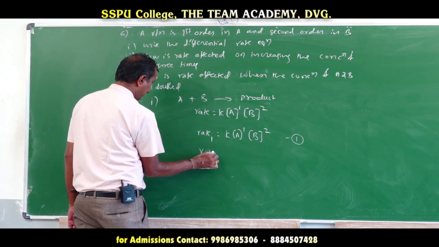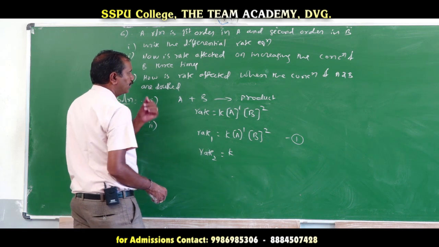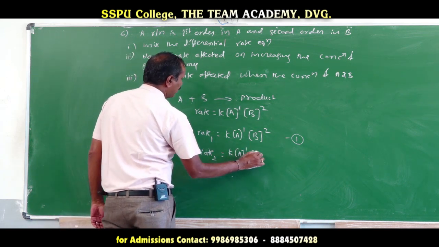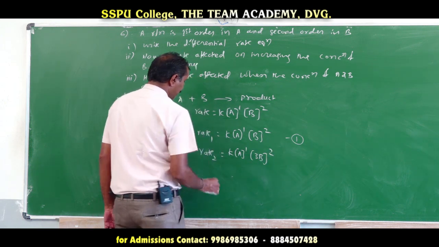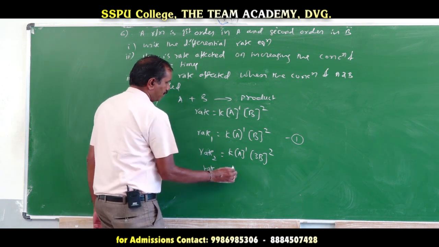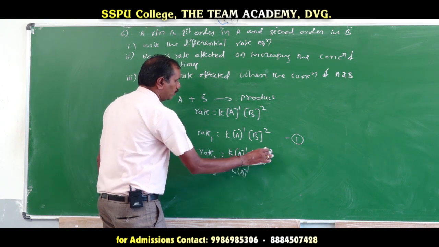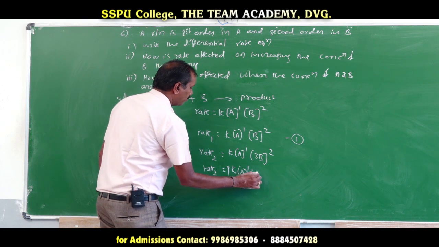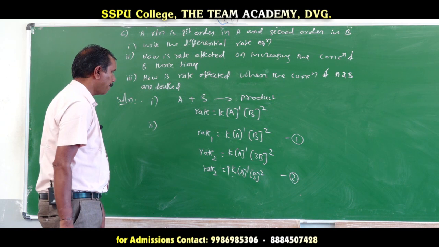Rate 2 is when we change the concentration of B 3 times, K into A to the power 1, B concentration increases by 3 times. Rate 2 equals K into A to the power 1, 3 to the power of 2 means what? 9 into B to the power of 2. This is equation 2.